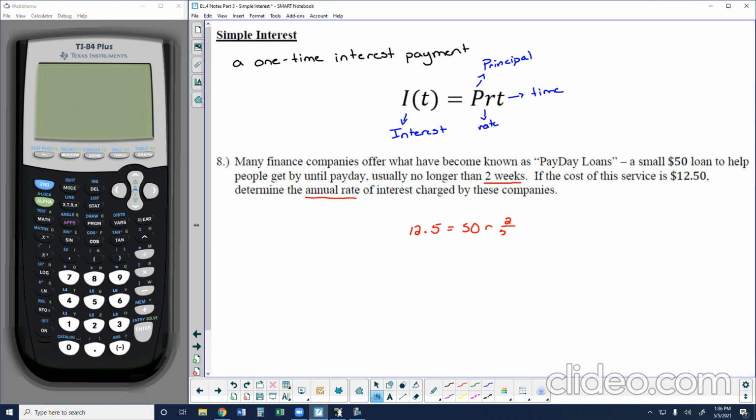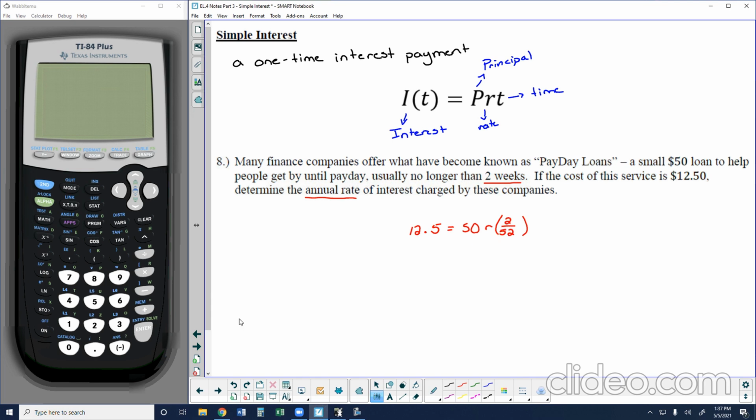So our time value is actually 2 over 52 here. We did talk about some mindful manipulation of percentages prior to this section. If you haven't watched that video, make sure you do so. Here we see some similar concepts where we're looking at a rate as an annual number, but our loan is in weeks. And so we can put that into a ratio here to represent the time.